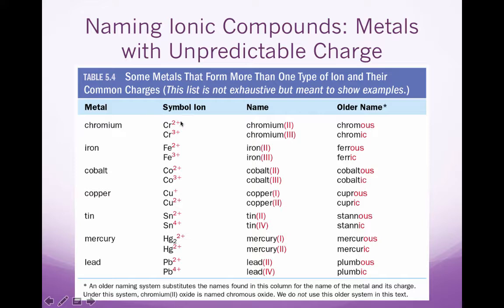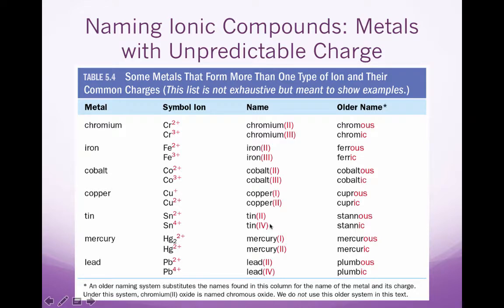So chromium 2+, the name is chromium 2. That's how we say it, and we write it chromium with the Roman numeral 2 in parentheses. Chromium 3+ is chromium 3. Iron 2+, iron 2. Iron 3+ is iron 3. Tin 4, so on and so forth.